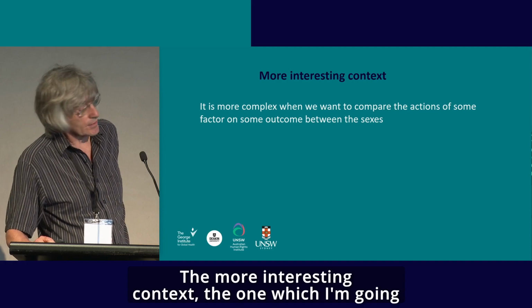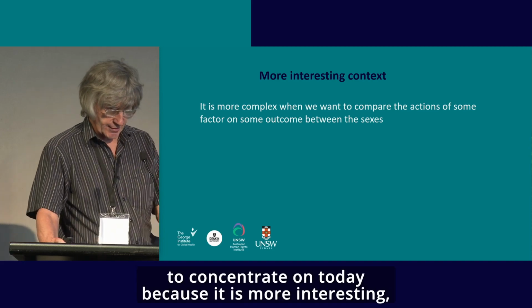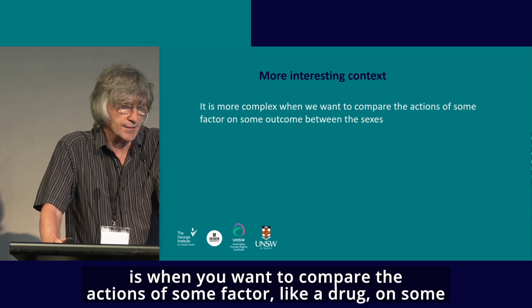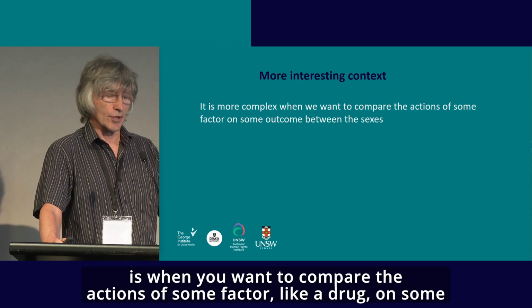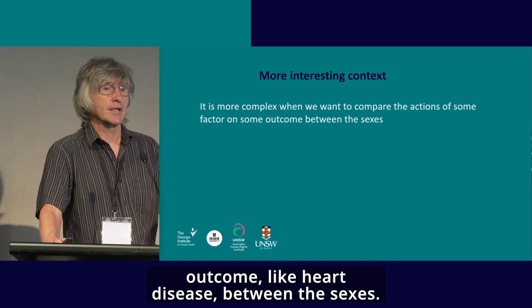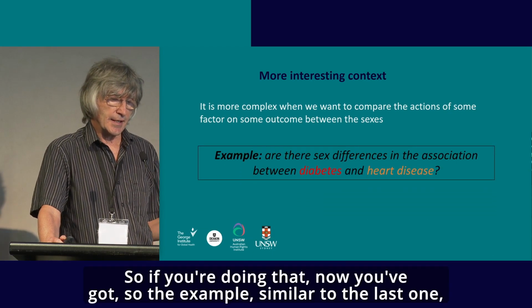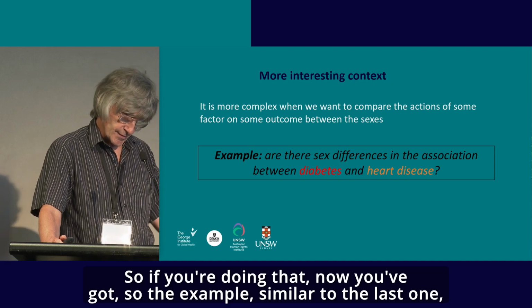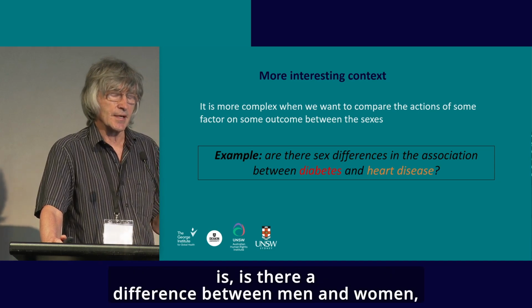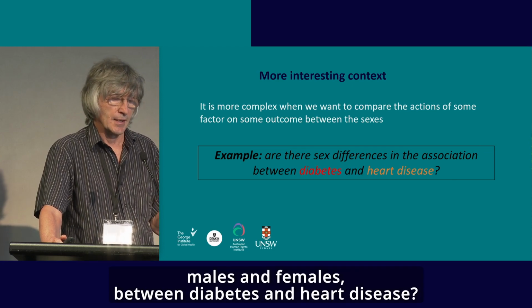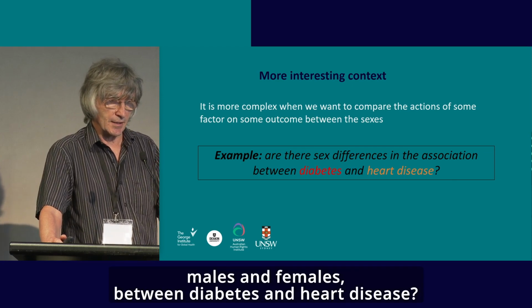The more interesting context, the one which I'm going to concentrate on today, is when you want to compare the actions of some factor, like a drug, on some outcome, like heart disease, between the sexes. The example, similar to the last one, is: is there a difference between men and women, males and females, between diabetes and heart disease?